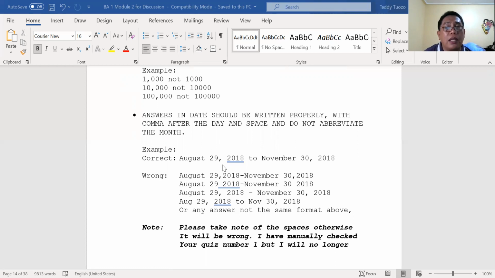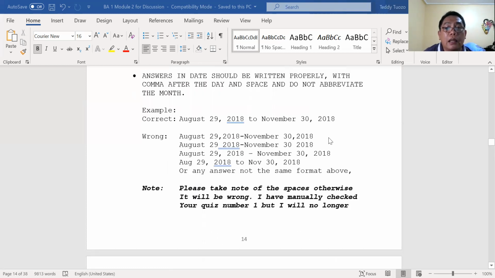So whatever example that I'm going to give you, you should follow. Then with space, the month November, and then space, the date, which is November 30, comma, space, and again the year. Not in any way here below.